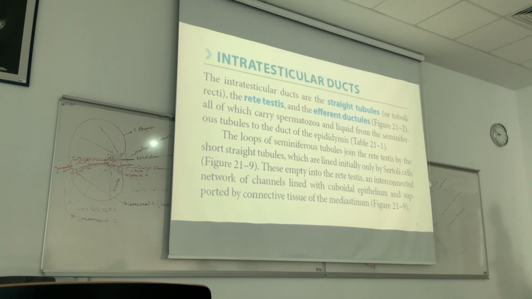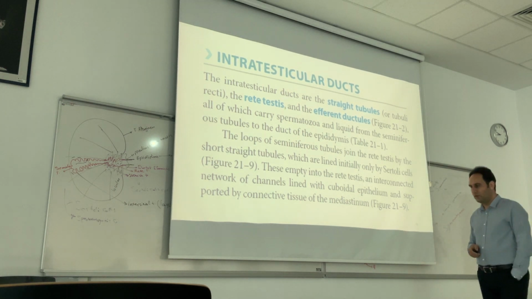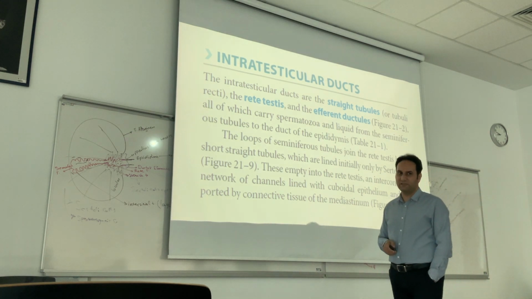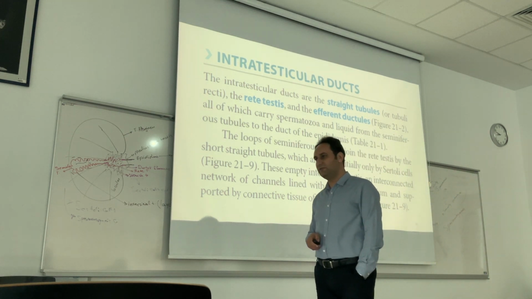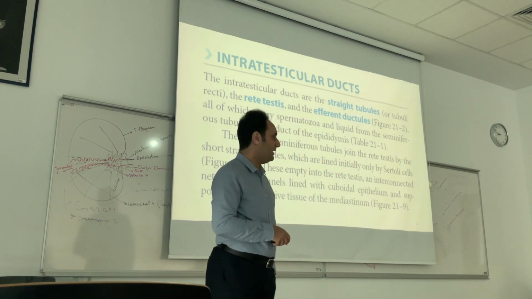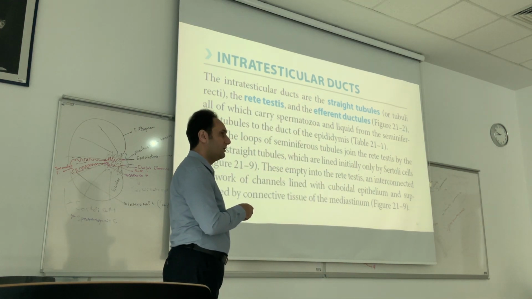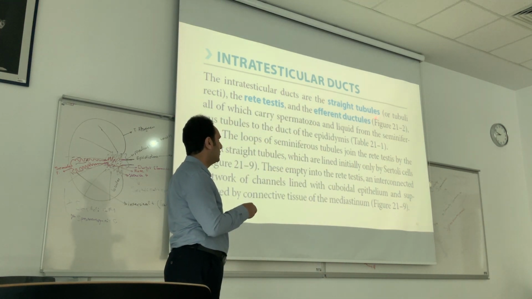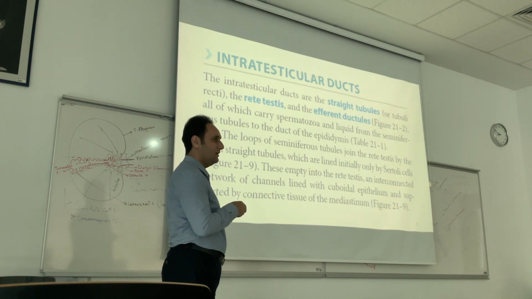After testes, we have the ducts. The ducts are divided in two types, the intratesticular ducts and extratesticular ducts. The intratesticular ducts are composed of the straight tubules, rete testis, and ductuli efferentes.